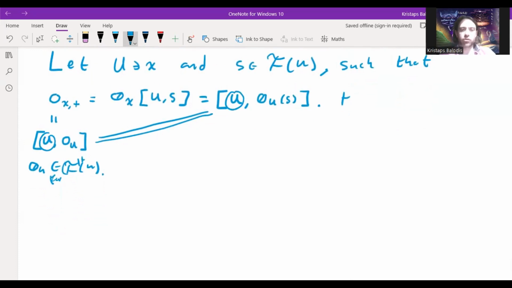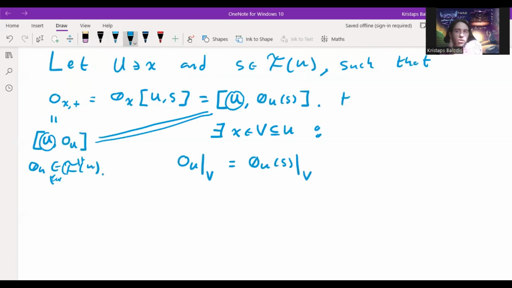So in other words, that just means that there exists some open set specifically between X and U, such that the zero element restricted to the subset is the same as this function restricted to the subset.